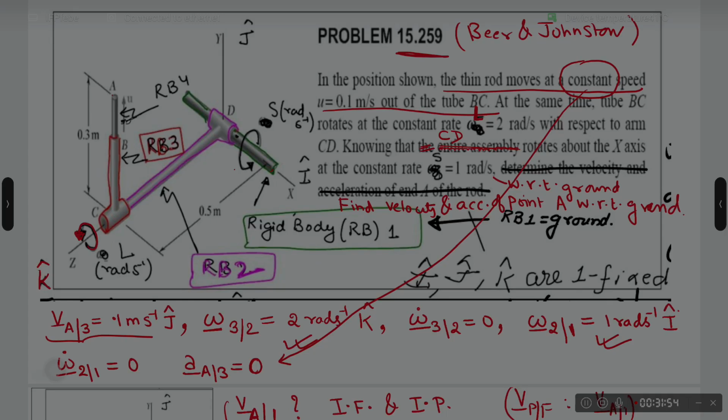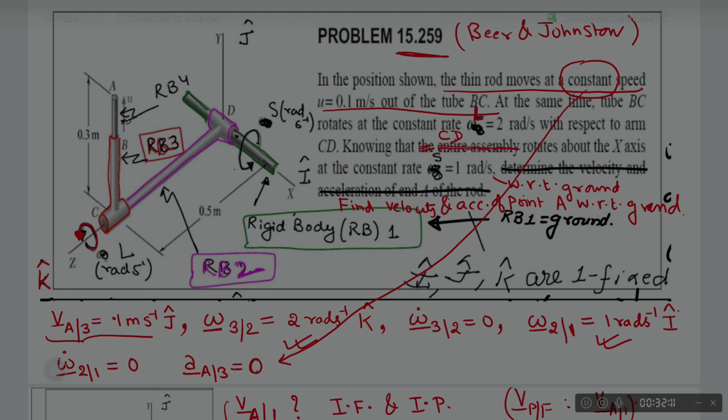Now let's go ahead and try to solve a problem where the velocity transfer relationship and the acceleration transfer relationship will be used.